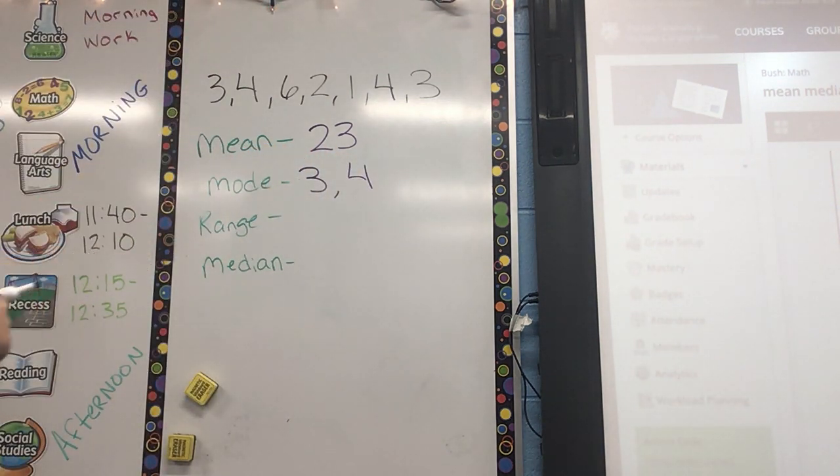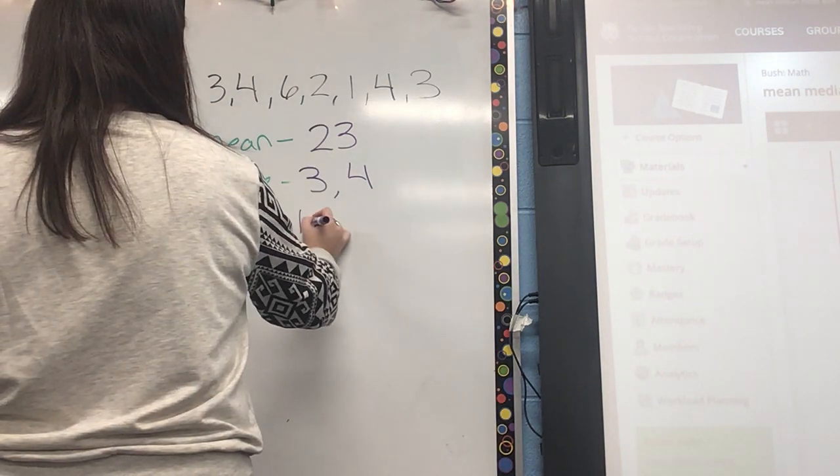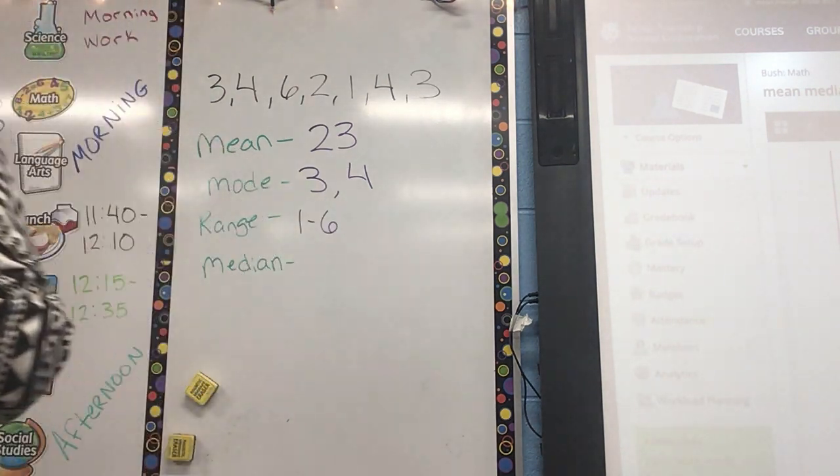Thank you. My range. So when I subtract my smallest from my largest, and ladies and gentlemen, I actually love how they word the range. It says subtract the smallest from the largest. They said the smallest, and then they said the largest. And you go, okay, so in order it says smallest and largest. So my smallest is 1 minus 6 is my largest.